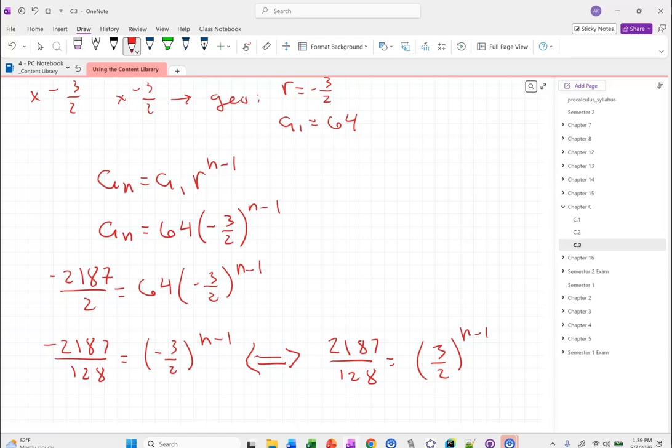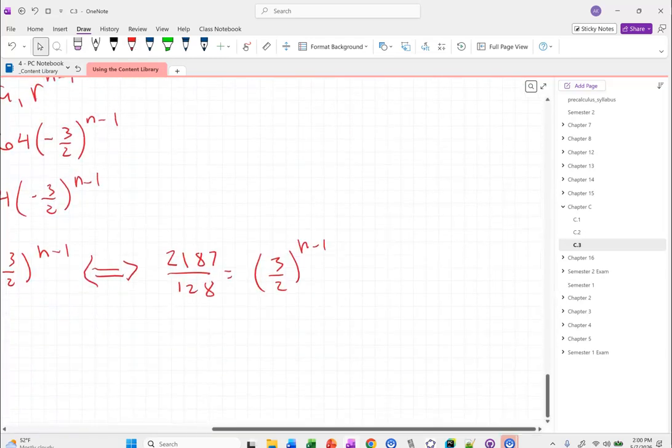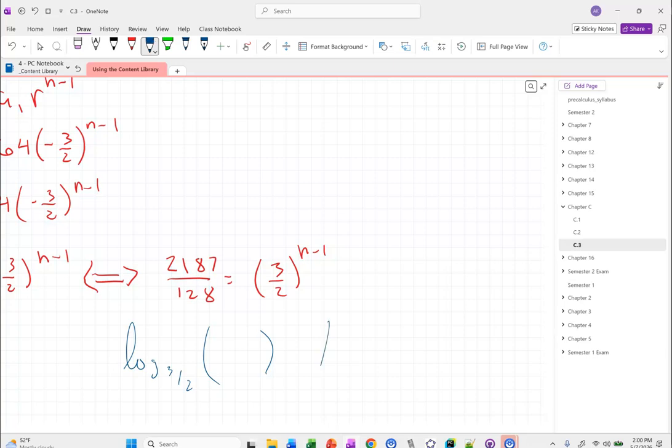If I take negative 2 to the n is equal to negative 8, it has the same answer as 2 to the n equals positive 8, right? So I can do the same thing here. That gets rid of our negative problem. And we're good. So we'll do log base 3 over 2 to both sides.